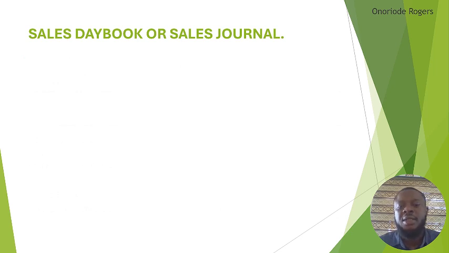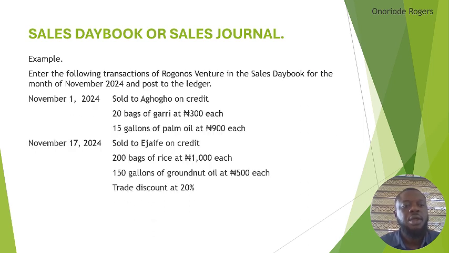Okay, let's take an example on a Sales Daybook. Enter the following transactions of Regulus Venture in the Sales Daybook for the month of November 2024 and post to the ledger. November 1st, 2024, sold goods to our on credit: 20 bags of garri at 300 naira each, 15 gallons of palm oil at 900 naira each.